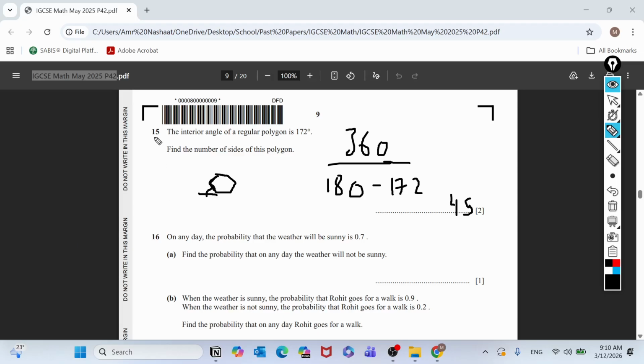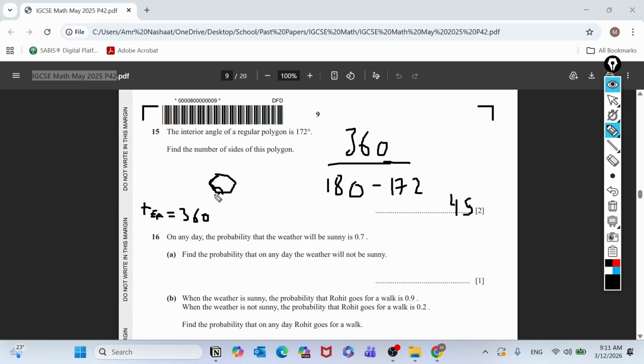All the exterior angles equal 360. Now, you have an interior angle.